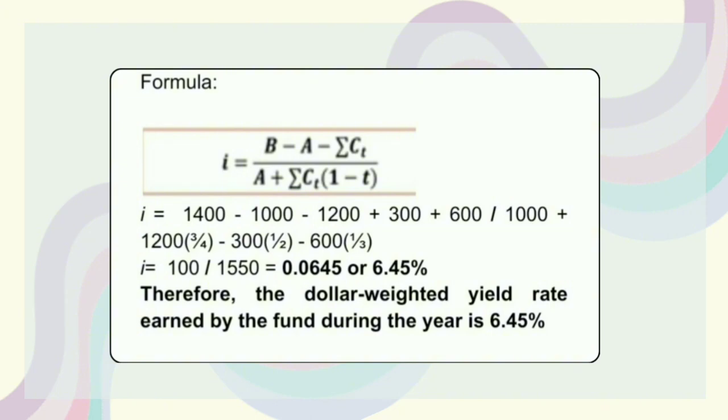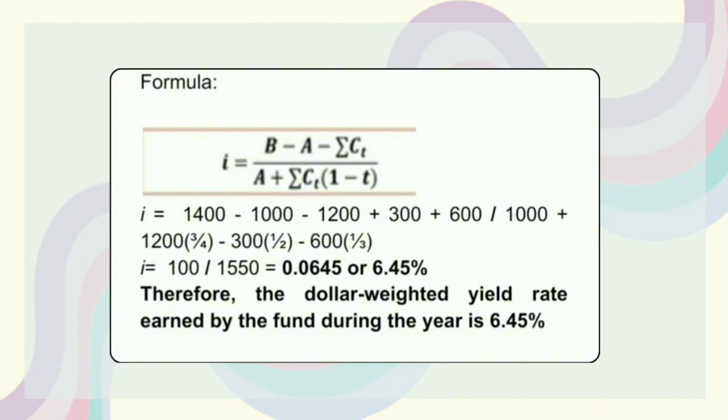Dayon, calcu. So, sa babaw, ang kaning A is kaning sa babaw nga formula is kaning 1,400 minus 1,000 minus 1,200 plus 300 plus 600 is ang answer ana diha is 100.